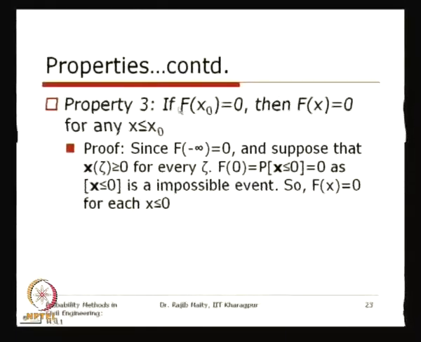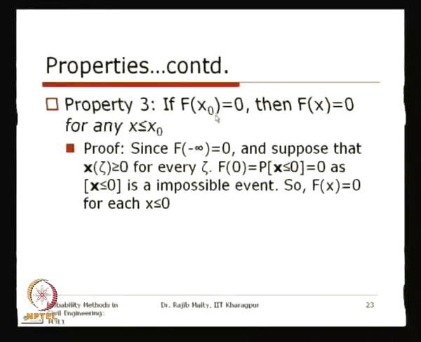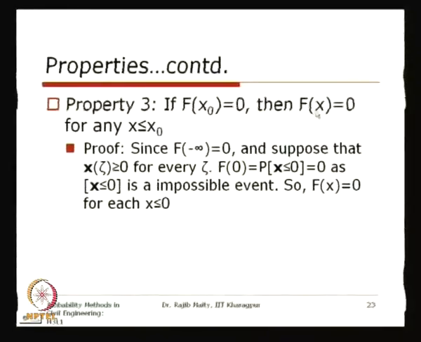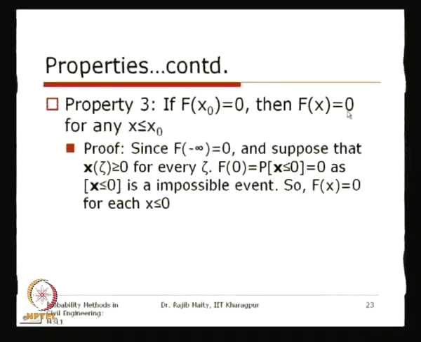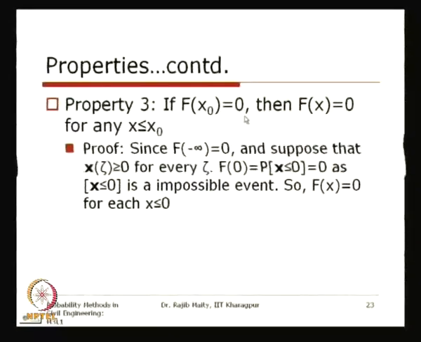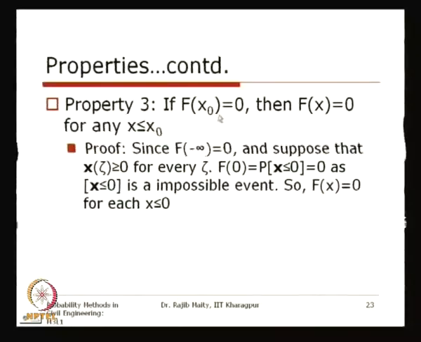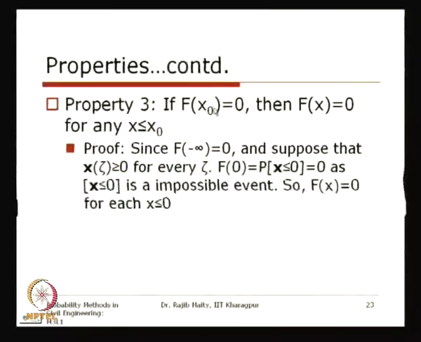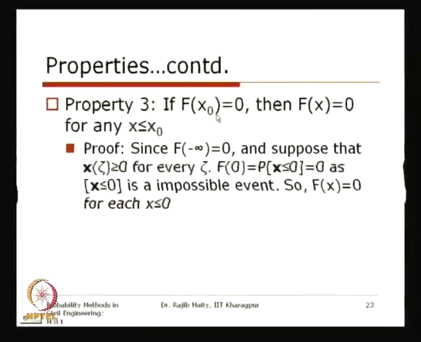Third property says that if F of x naught is equal to 0, then F of x equals 0 for any x which is less than this x naught. So, for a specific value, if F of x naught equals 0, anything which is lower than this x naught obviously will be 0. This is basically the same concept as the non-decreasing function.